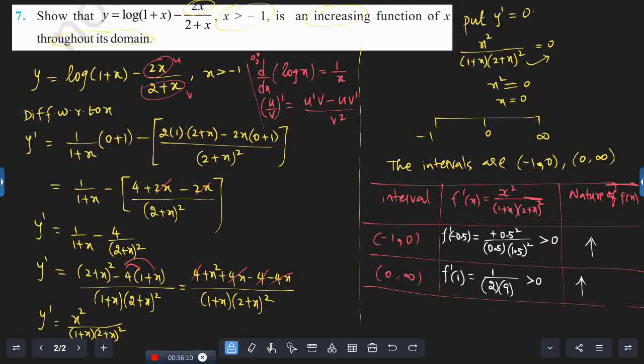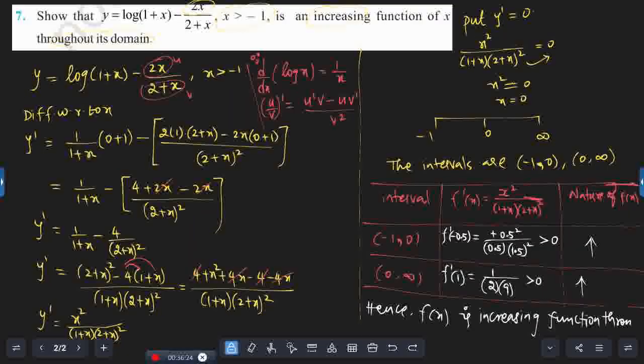Okay, so finally, hence f of x is an increasing function throughout its domain.